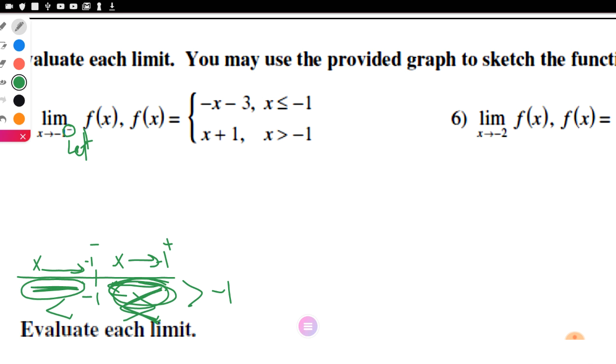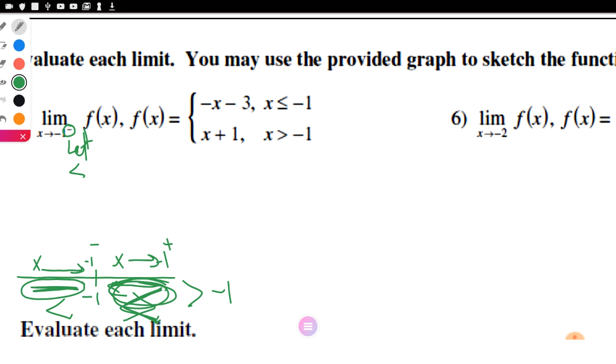In this case, when you say x approaches -1 from left, it means the values are less than -1. Left means less. All of the values of x which approach from left are less than -1.